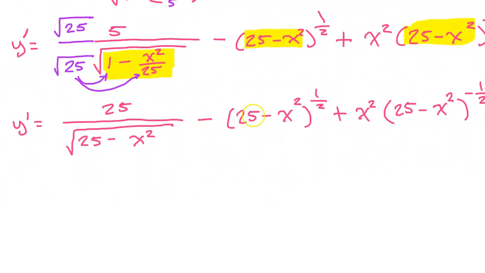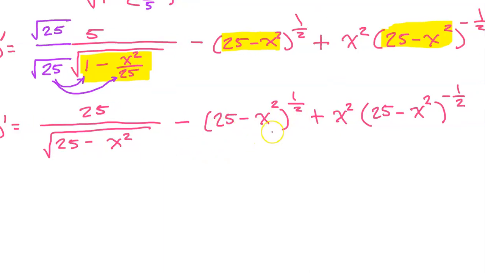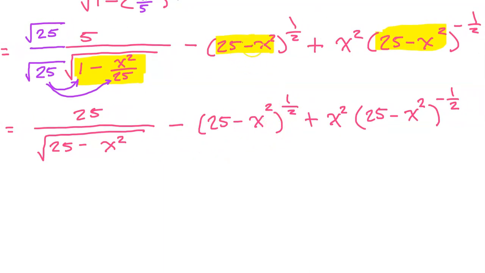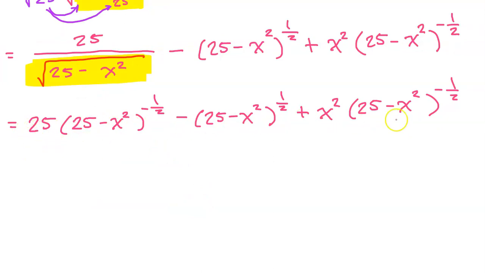So in order to get these all on the same level and looking the same in terms of the common factor, I'm going to take this part, the square root of 25 minus x squared, and rewrite it as 25 minus x squared to the -1/2 power. You know that the square root is the same thing as the 1/2 power, and it's in the denominator, so that makes it a -1/2 power once I put it all on one line. So that gives us this.